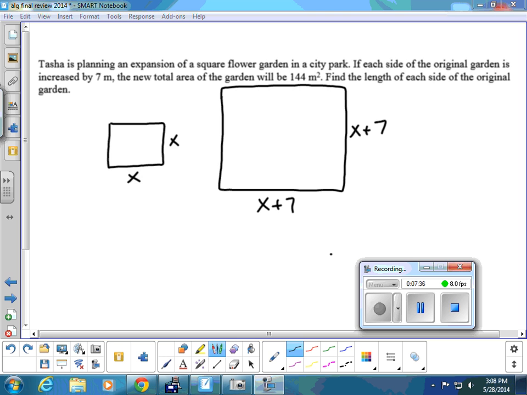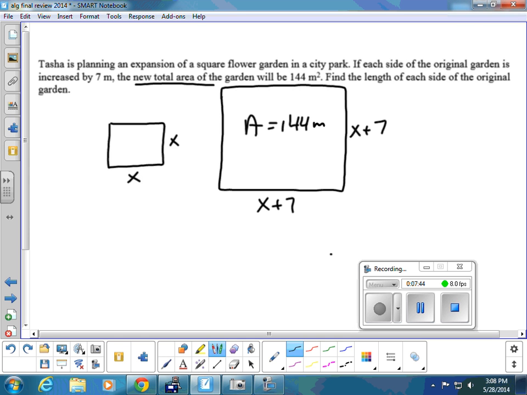It says the new total area of the garden will be, so A will be 144 meters squared. So we have to take what we know from this and figure out what x is for over here.